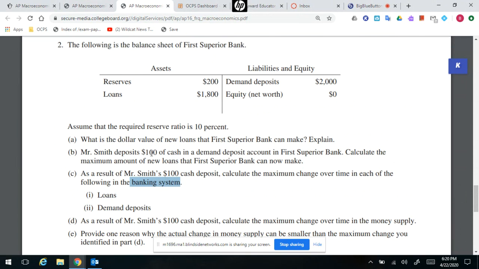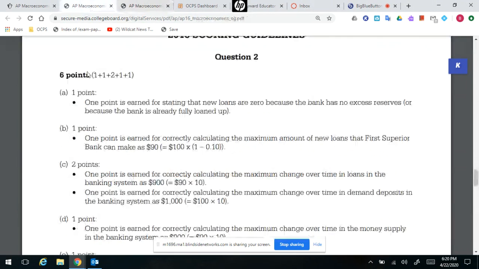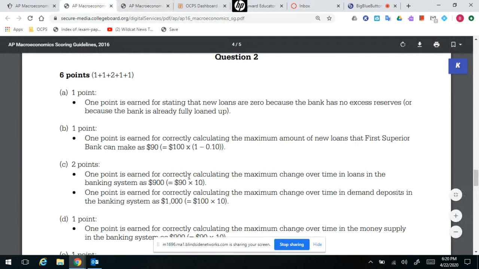You know, for one bank, one bank can lend out $90, but the banking system is going to be that 90 times the money multiplier. Remember, the money multiplier is 1 over the reserve requirement. So that $90 of excess reserves times 1 over 0.1 is going to get you 900. 1 point is earned for correctly calculating the excess reserves of 90 times 1 over 0.1 to get you 900.